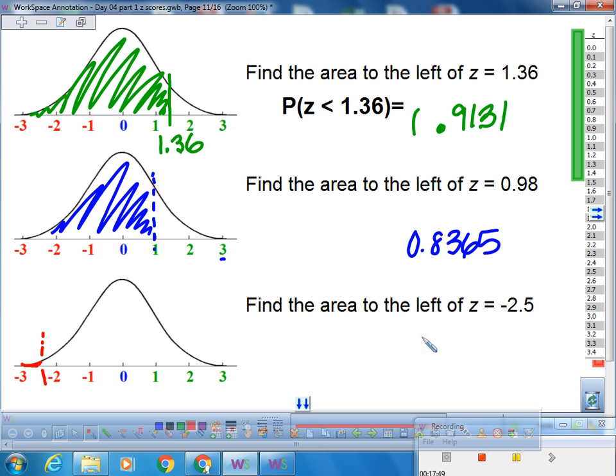How much is it? 0.0062. Does that make sense? No, to the left. Here, the area to the left. This little tail right here. Wouldn't that be a very small amount?